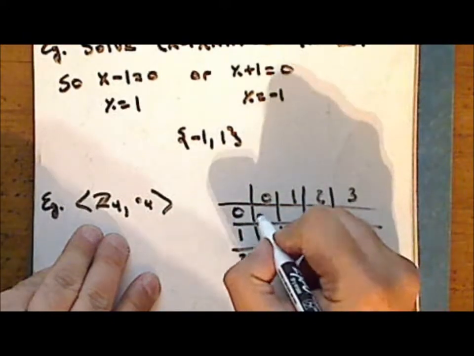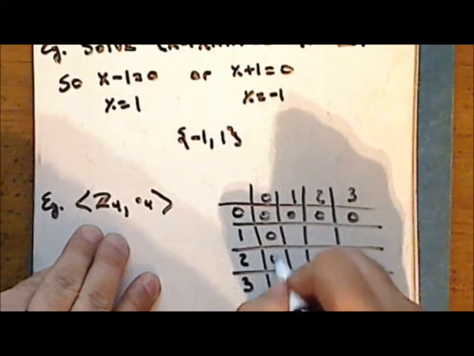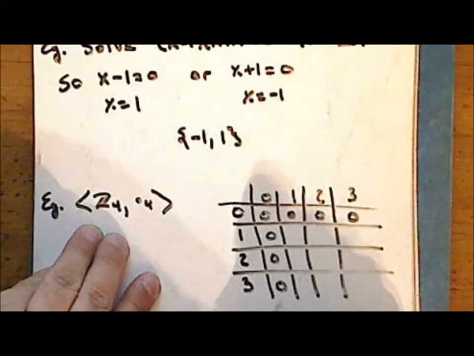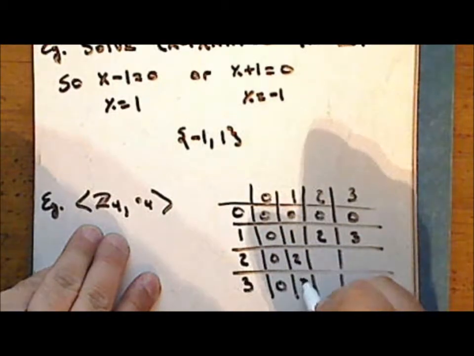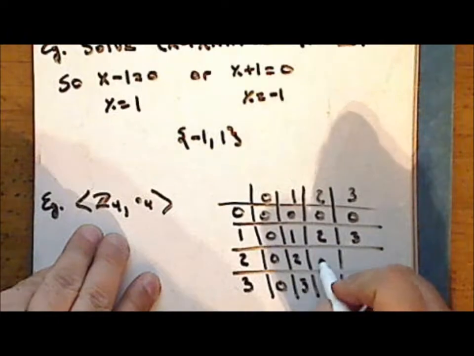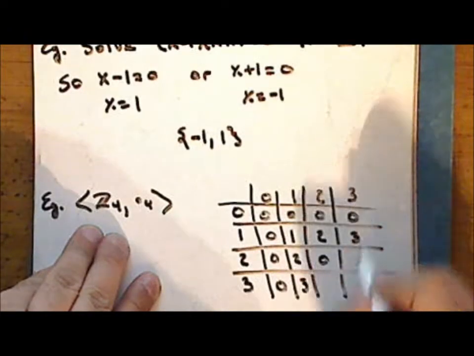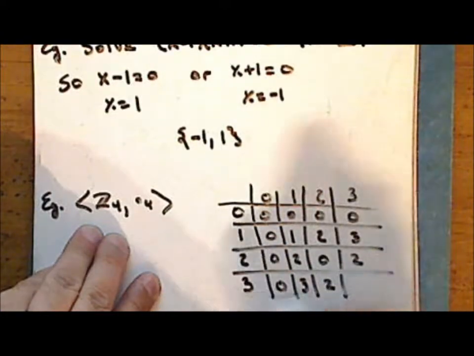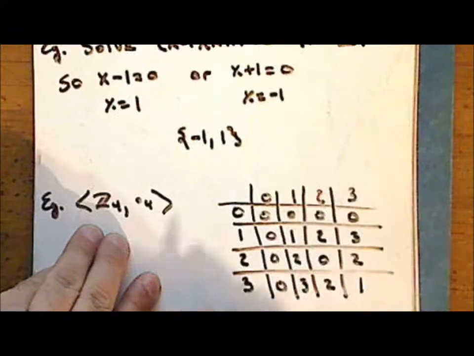Zero times any element is 0. 1 times any element is that other element. Now 2 times 2 modulo 4 is 0, and 2 times 3 modulo 4 is 2, and 3 times 3 modulo 4 is 1.